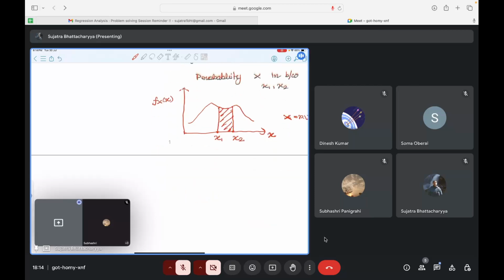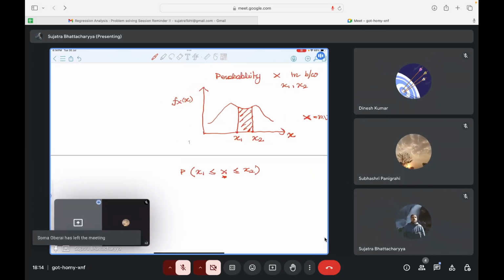So how can we define this? The probability that the random variable capital X assigns a value in between x1 and x2 is given by integrating the density function from x1 to x2, f_X(x) dx.